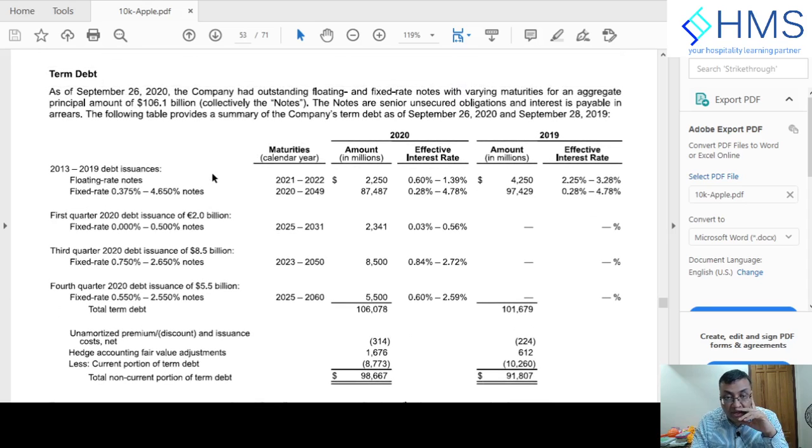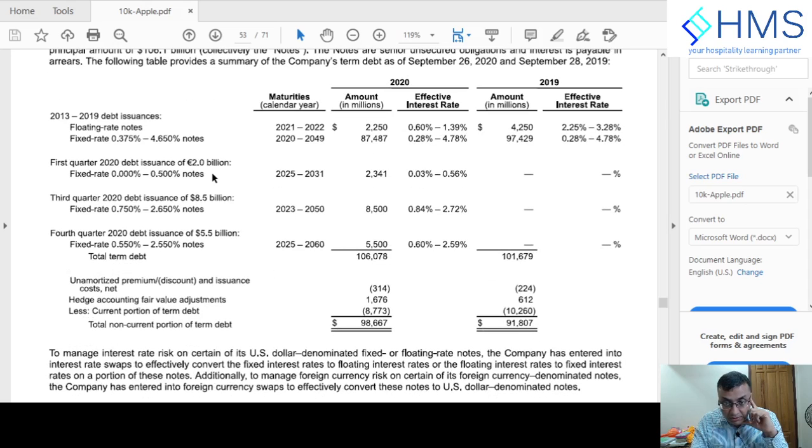The term debt, again, is $106 billion, and the effective interest rate here is 0.6% to 1.39%, and the fixed rate is 0.28% effective interest rate in 2020, and the amount is $2 billion and $87 billion. So this is the interest that is lying there, 98 billion and 91 billion dollars. The company here, this one.